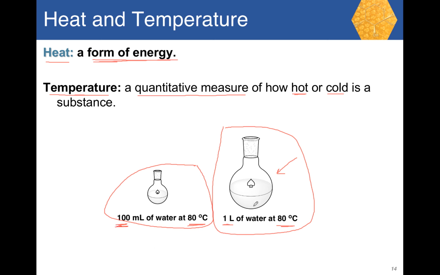So again, there's more heat involved in this 1 liter of water at 80 degrees compared to 100 milliliters of water at the same temperature. Less heat over here and more heat here. So that's the difference between heat and temperature.